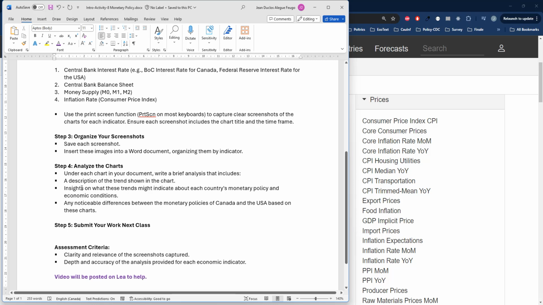The second is the insight on what these trends might indicate about each country's monetary policy and economic conditions. What economic conditions trigger those policies and what do those policies result in? Now, what noticeable difference between the monetary policy of Canada and USA do you observe in those charts?